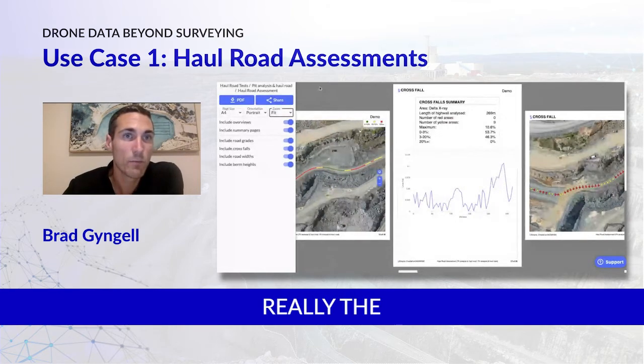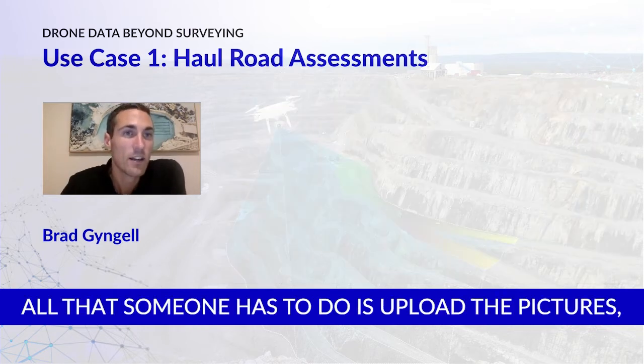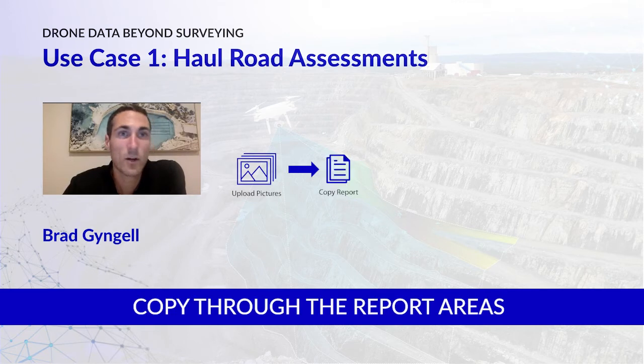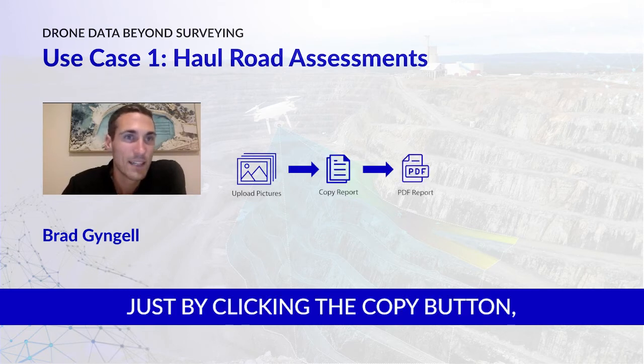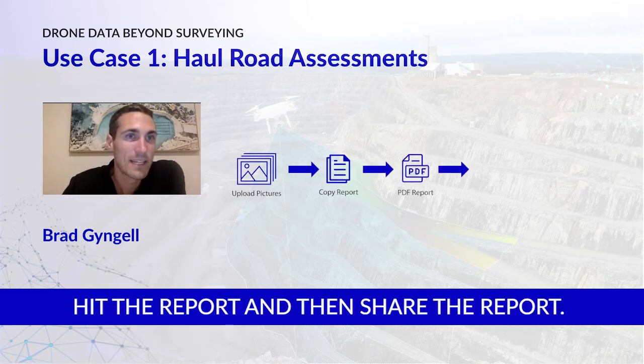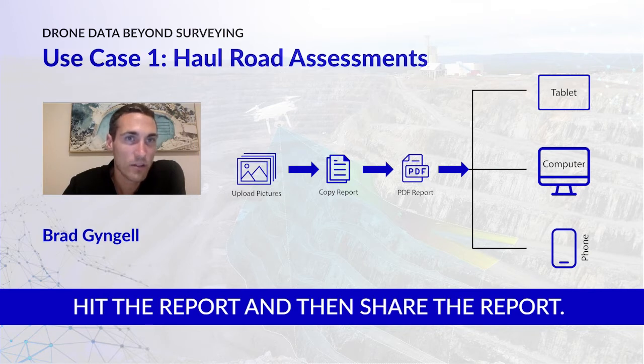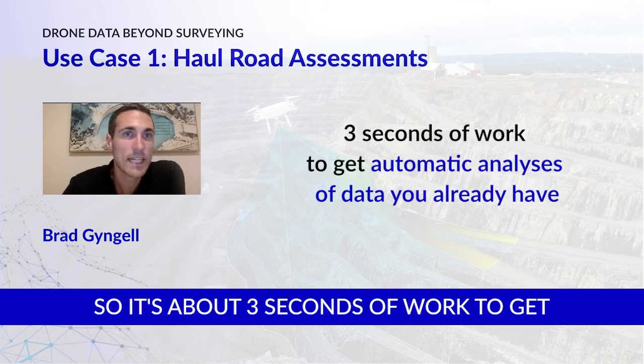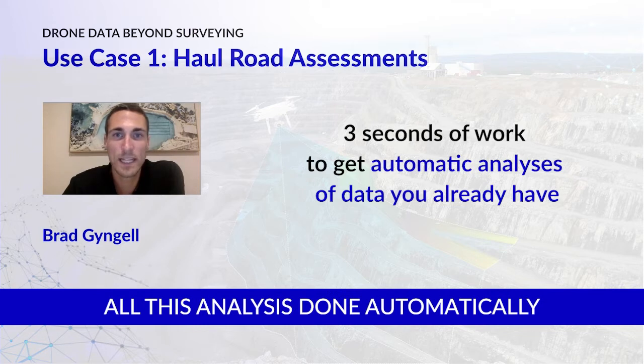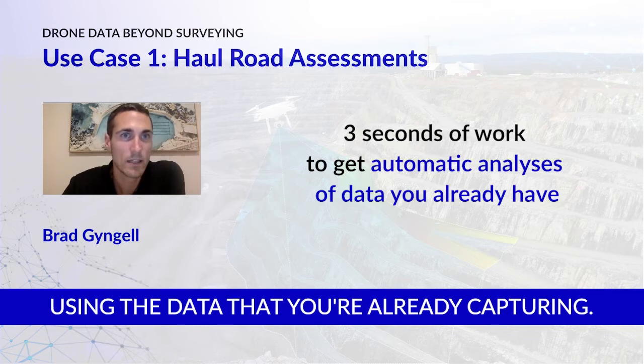So really, to actually use this, all that someone has to do is upload the pictures, come in, copy through the report areas just by clicking the copy button, hit the report, and then share the report. So it's about 3 seconds of work to get all this analysis done automatically using the data that you're already capturing.